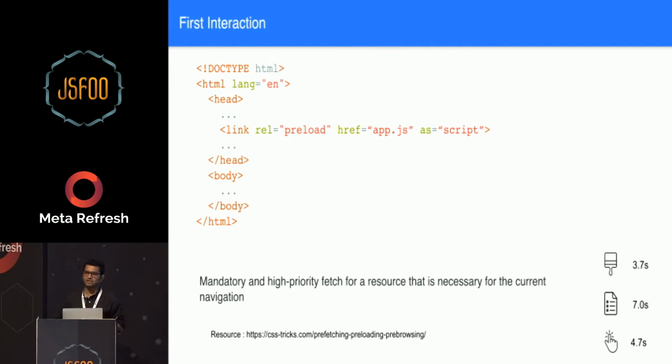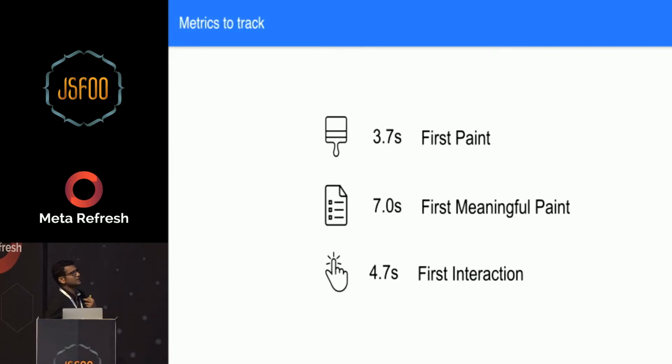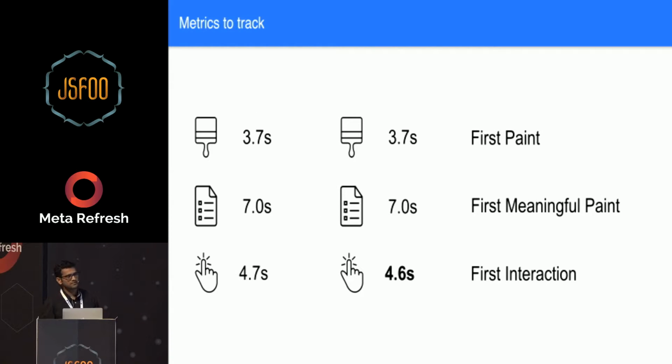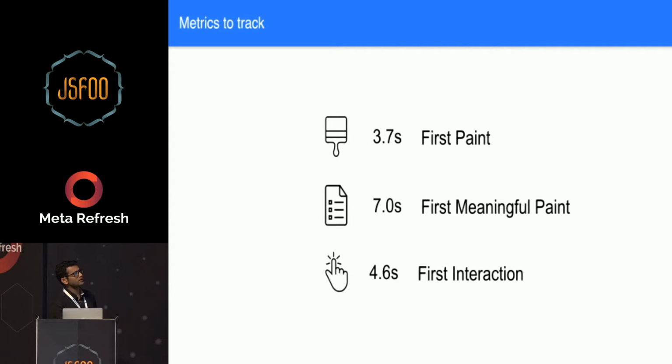One more powerful tag, that's preload. Preload has one benefit over prefetch: the resources that you define using preload are on the highest priority of fetch, and they are necessary for the current navigation.